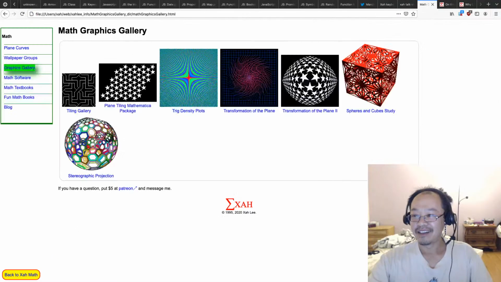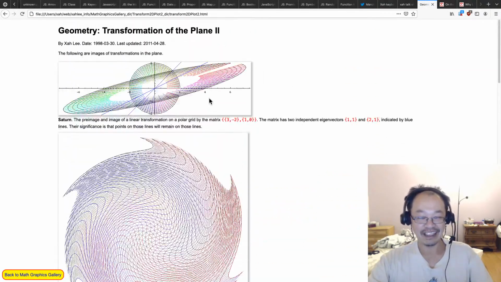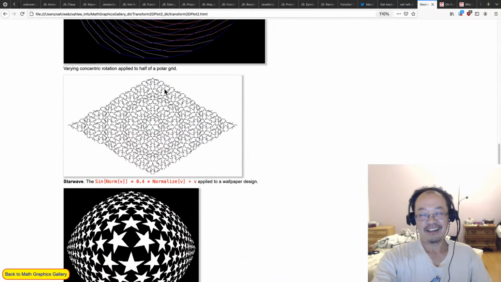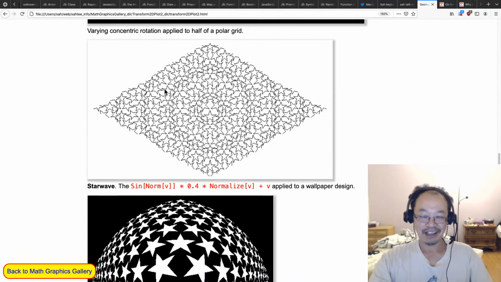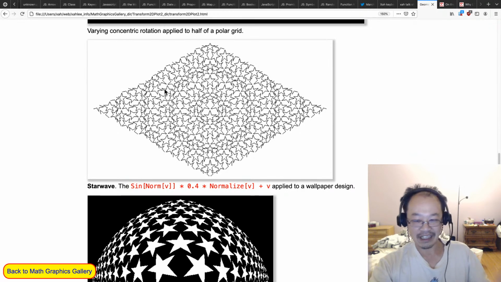Okay, mathematics, my true love. These are functions. You see these pretty pictures? This is the beauty of mathematics. When you learn math at school, mostly it's boring, right? Trigonometry, calculus, algebra, solving for x and y, that's boring.